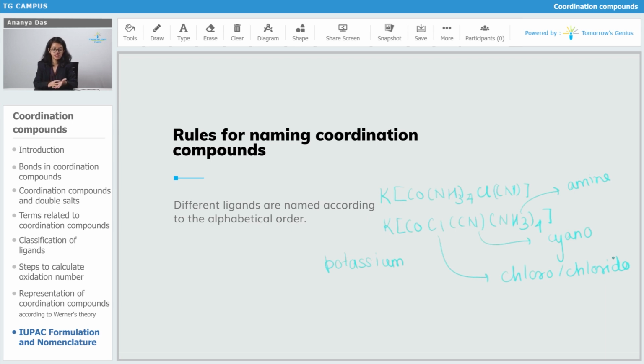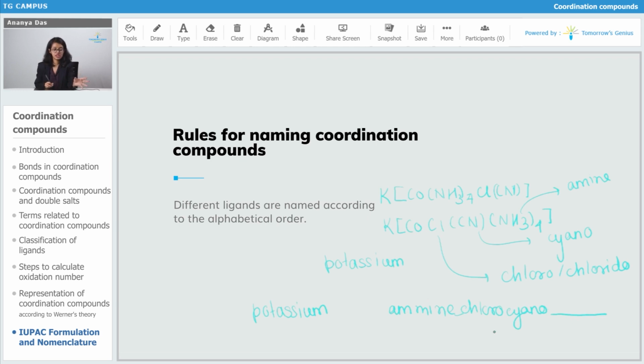Then you will write chloro or chlorido, anything you can write, because it starts with C. Cyano also starts with C, but after C in cyano there is a Y, whereas in chloro there is an H. So, chloro comes before cyano in alphabetical order. So, first in the naming of the coordination complex, you write amine, then chloro, and then cyano, and then the name of the metal.